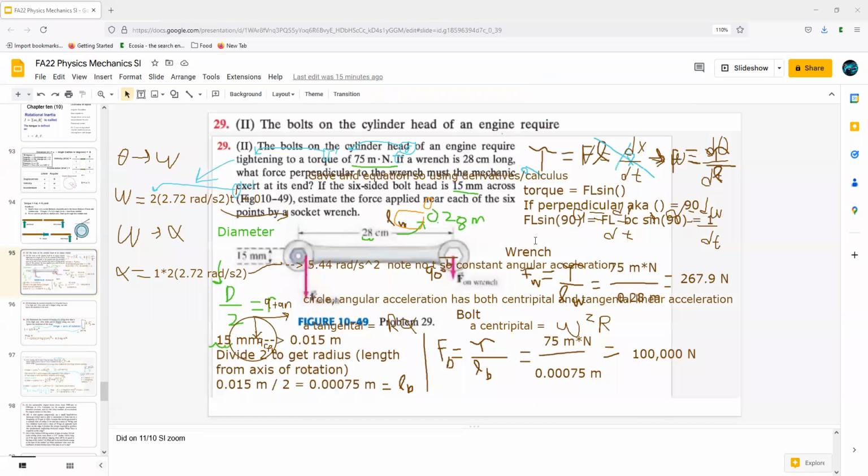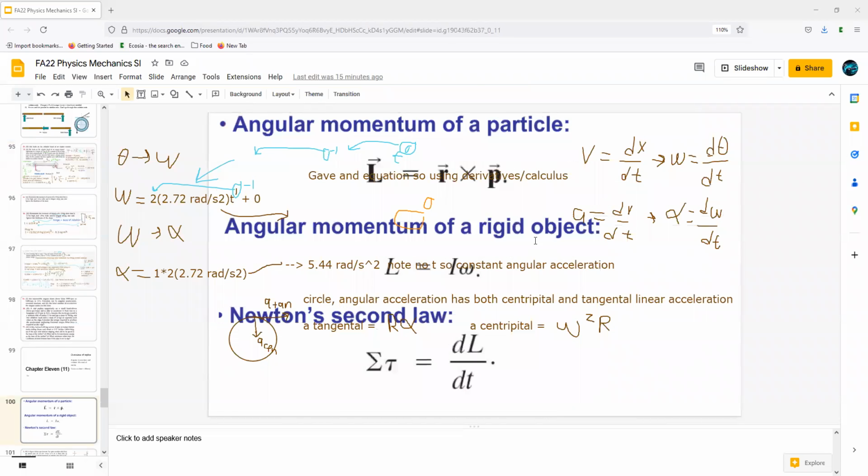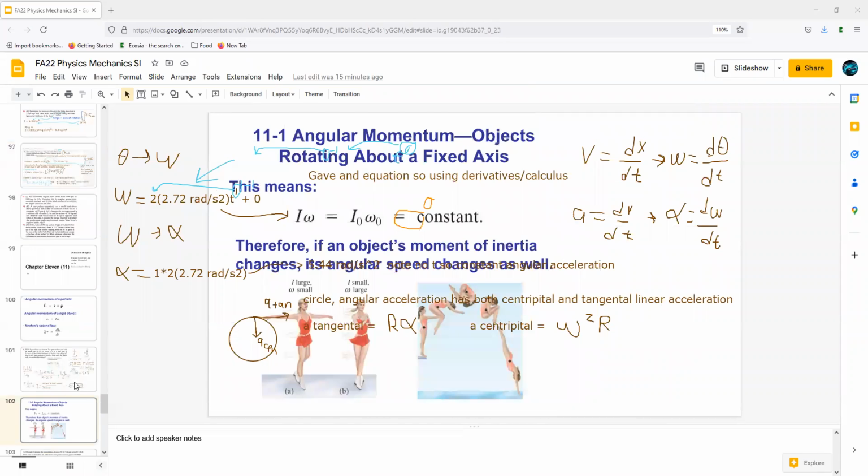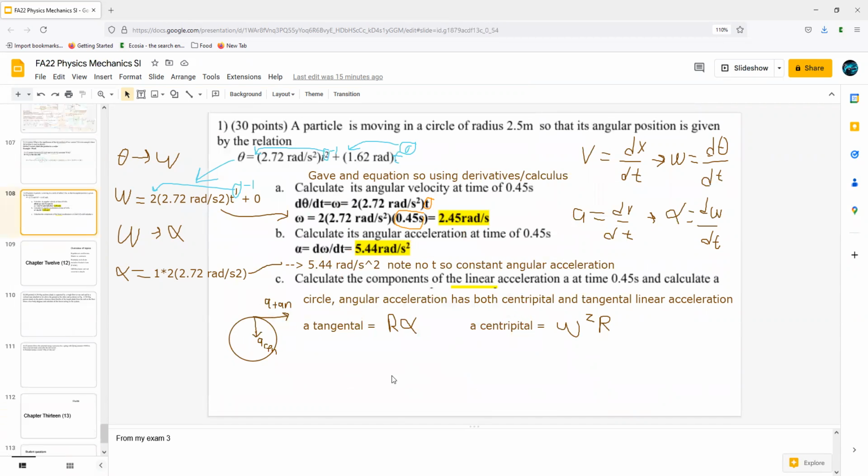I'm gonna go back to the problem. I think you could also derive the centripetal if you knew that a radial is v squared over r, and then v is equal to r omega, but either way, you're gonna have to memorize all of these.